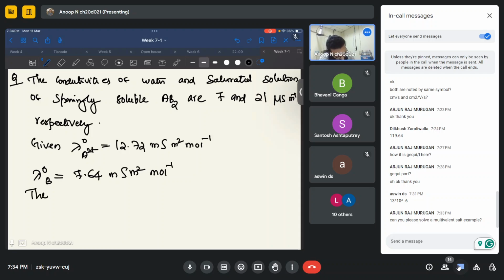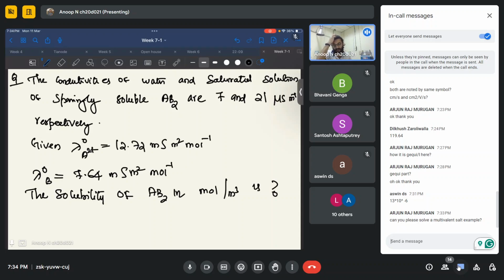The solubility of AB2 in moles per meter cube is what?